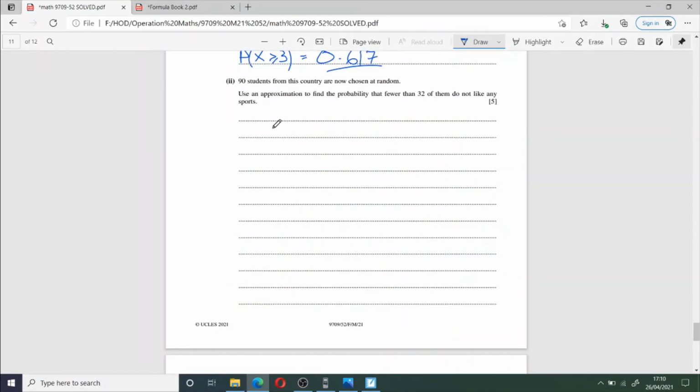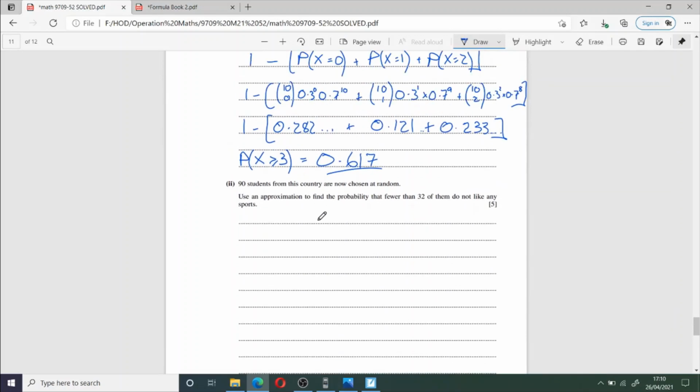The very last part of the paper is quite a common question to end the paper with, and it is turning a binomial distribution problem into a normal distribution and using a continuity correction. So now we're taking 90 students at random and we are finding the probability that fewer than 32 of them don't like sports.